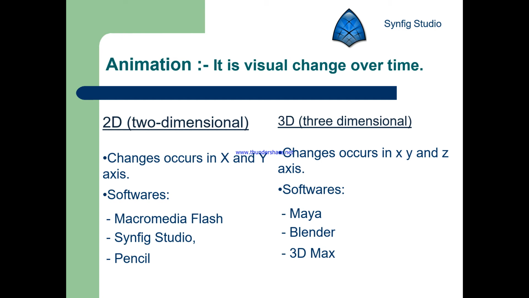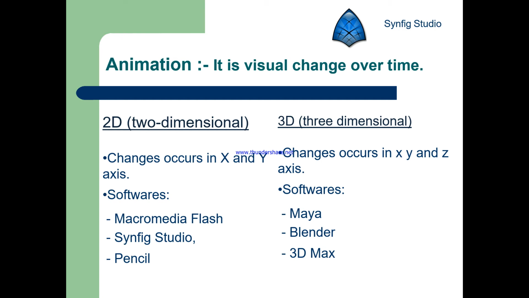So we call it animation. In the animation, we give movement to the object with the sequence of time or interval of time.